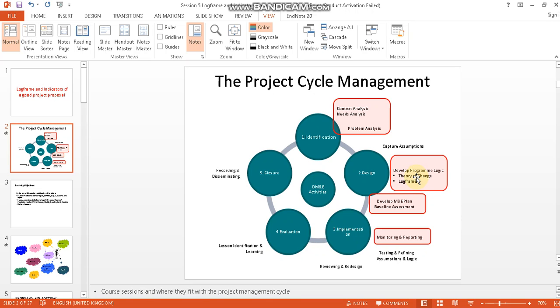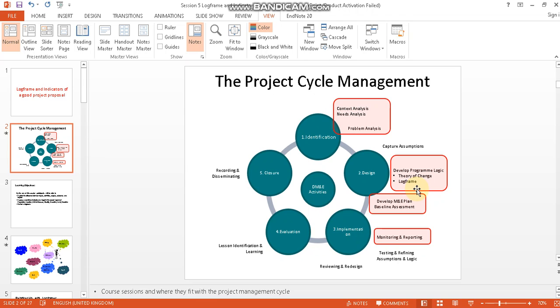Theory of change is a pathway of change, how and why the project is going to bring changes over the period. This is an important aspect of theory of change. Then the logical framework is a 4x4 matrix in which, in a vertical manner, there will be objective, outcomes, outputs, and activities.